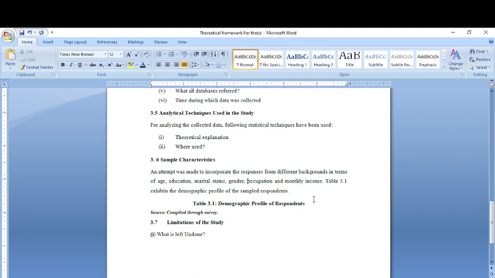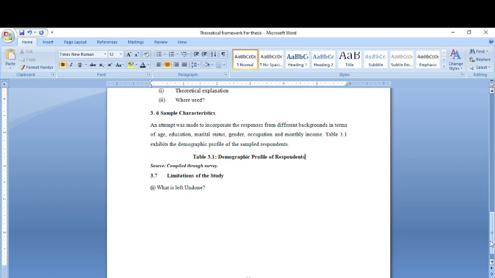And I would give a table with the statistics, with the numbers as well as the percentages of the respondents covered belonging to each demographic profile. This I've discussed in my various videos, how to jot down the demographic profile in tabular form and then write a note compiled from survey.